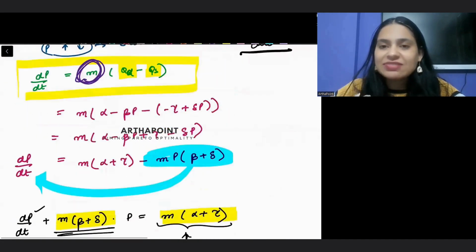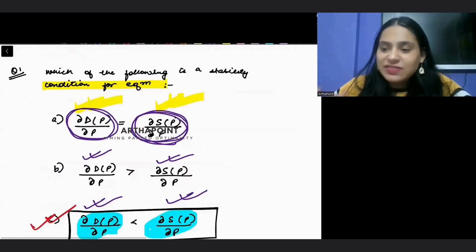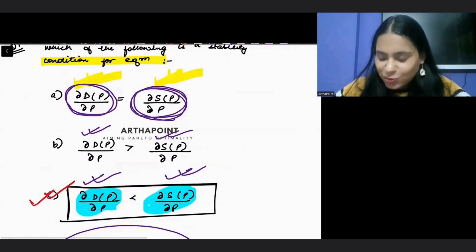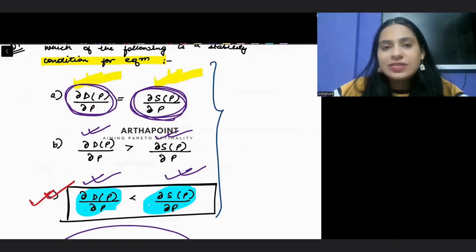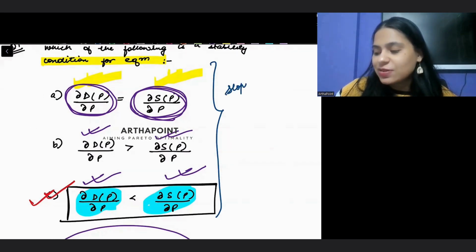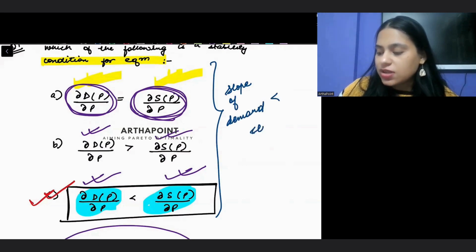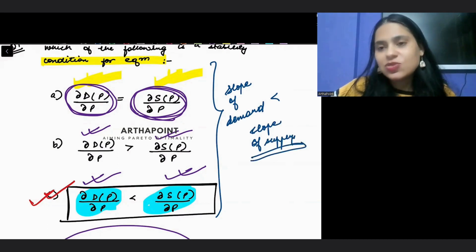We can derive it in multiple ways. Up to you what you want to do. But today we have learned, I think, this lesson for sure that whenever you ask me for a stability condition, the stability condition will be that slope of demand will be lower than the slope of supply, right? At least we have been able to prove this thing.